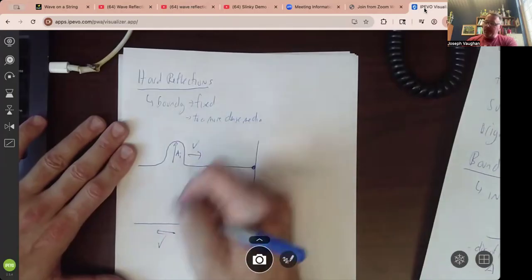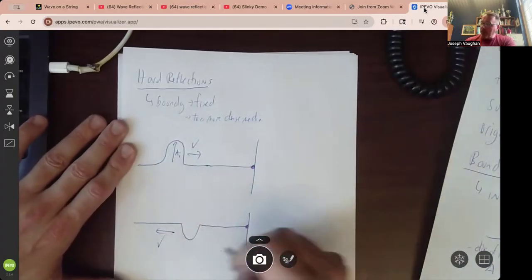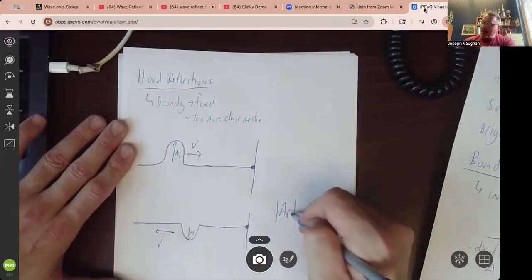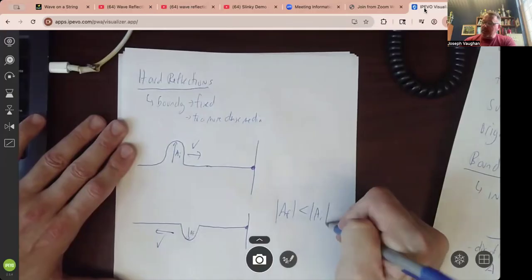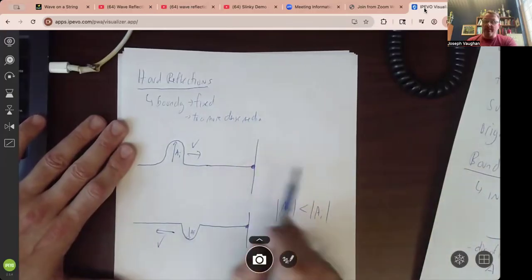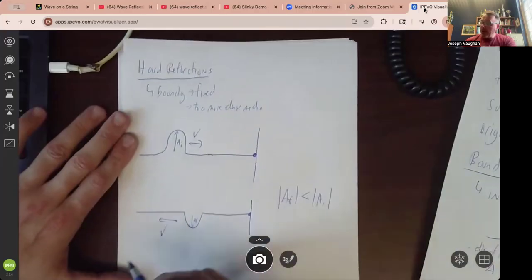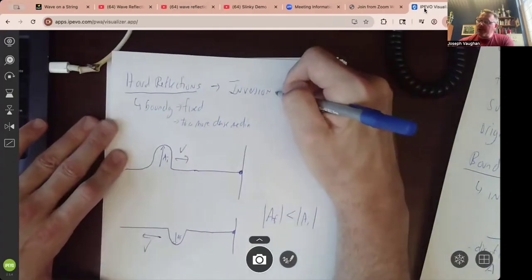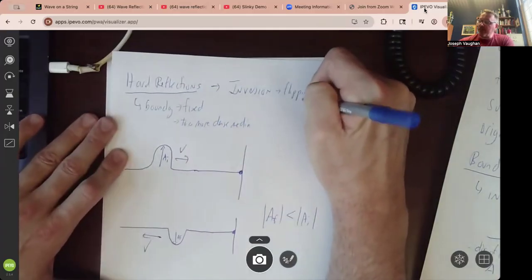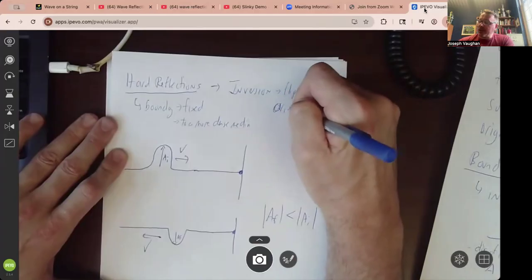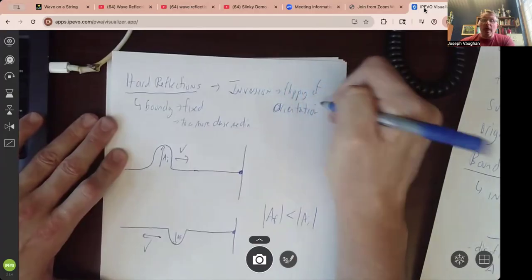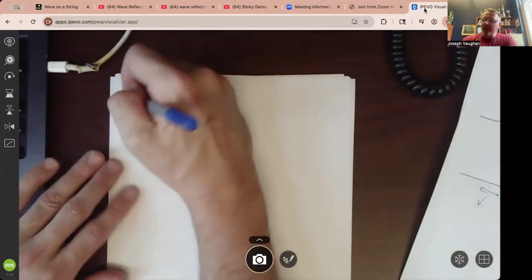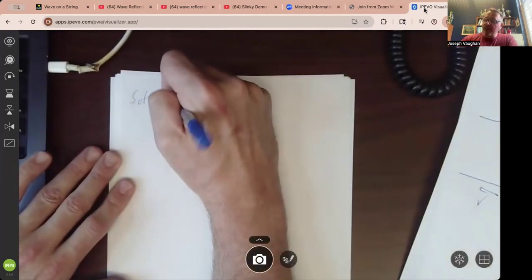The direction is opposite so that we've met our criteria for there being a reflection, but this A final, right? That A final as a magnitude is less than A initial because some of the energy has been transferred to the new medium here. Okay. So during a hard reflection, we're going to get an inversion. An inversion is just a flipping of orientation. And remember, orientation is just what side of the equilibrium line your pulse is on. All right. And then you have soft reflections.